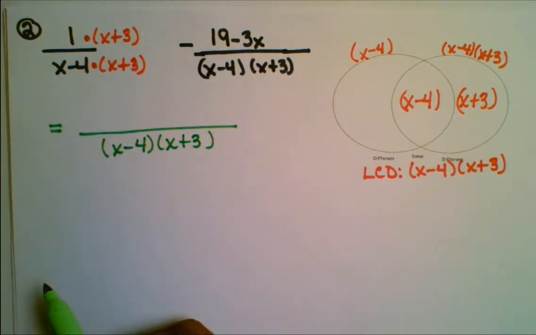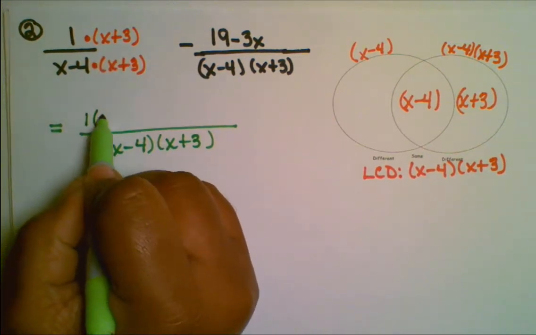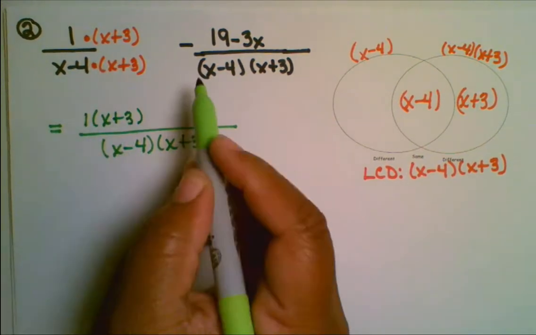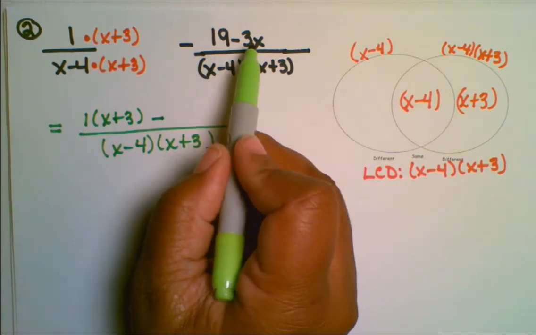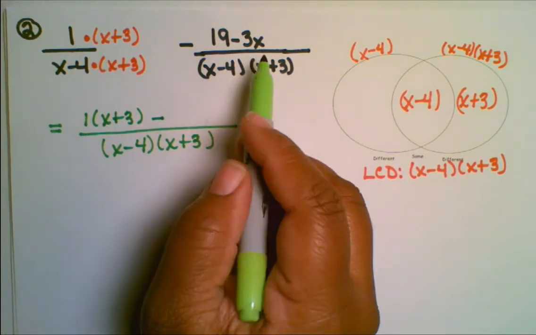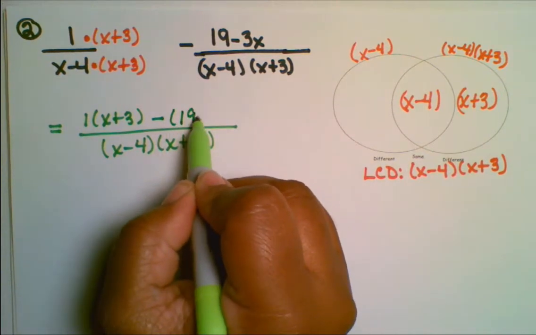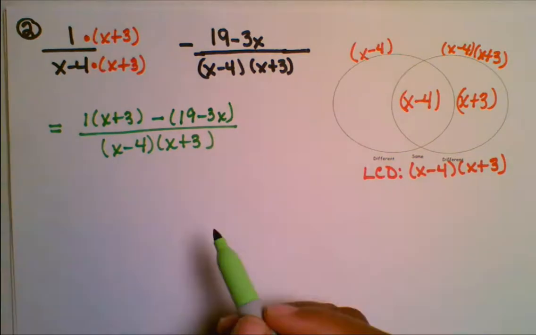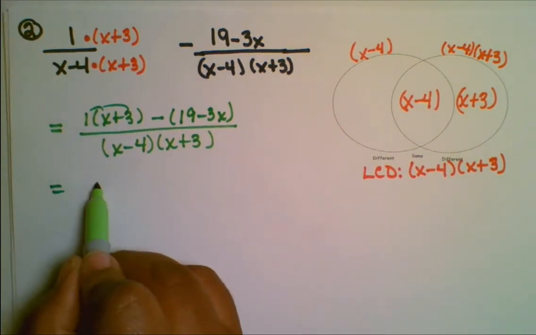Let's bring together our numerators. For the first fraction, you're saying 1 times x plus 3 minus, and remember I told you whenever we have more than one term in the numerator of a fraction, place parentheses around it, minus 19 minus 3x. So we can distribute the 1 to the x plus 3. That will be x plus 3.